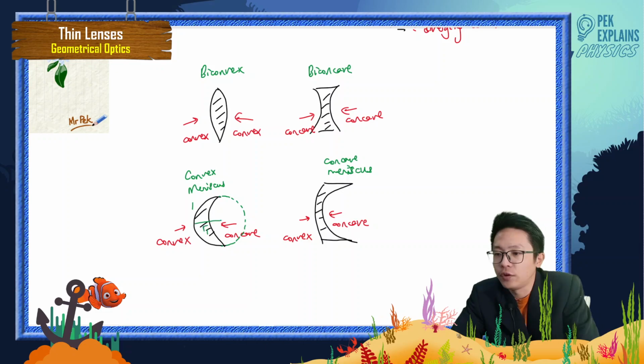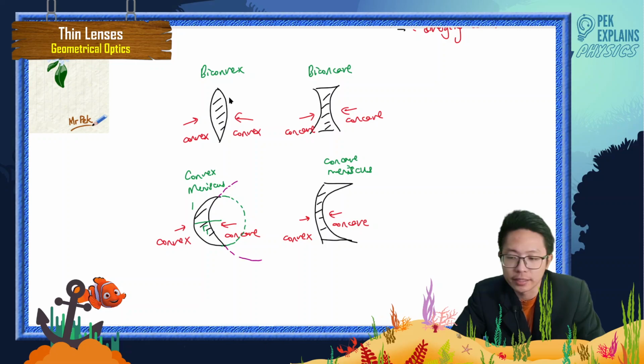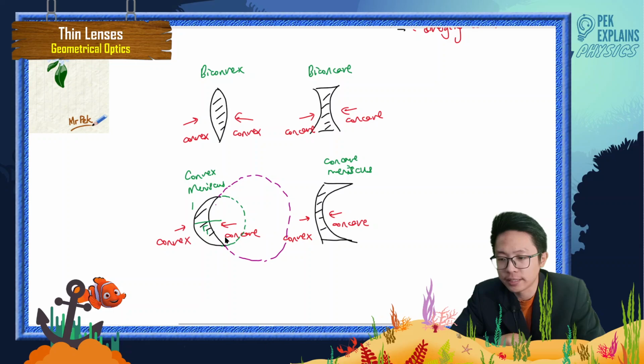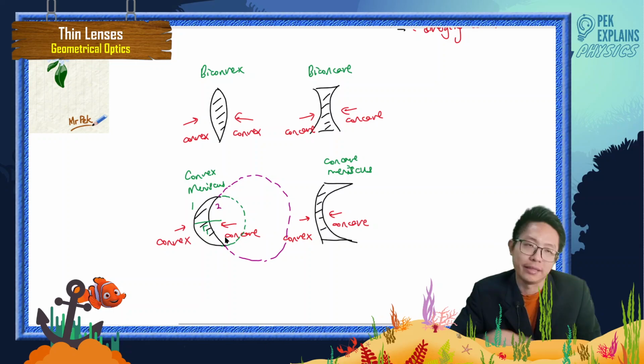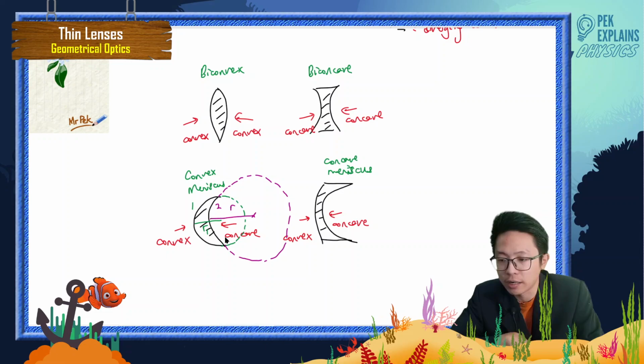For the concave surface, it is actually a bigger sphere, because it is less curved. The first surface is more curved, so it has a smaller radius. The second surface is less curved, so it has a bigger radius, R2.